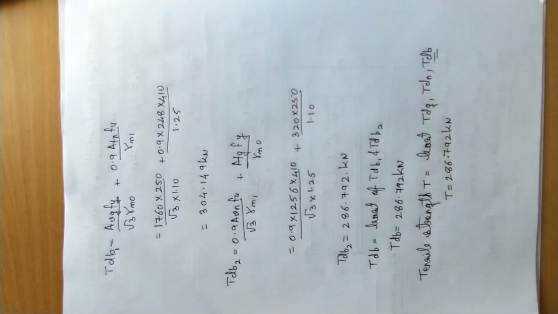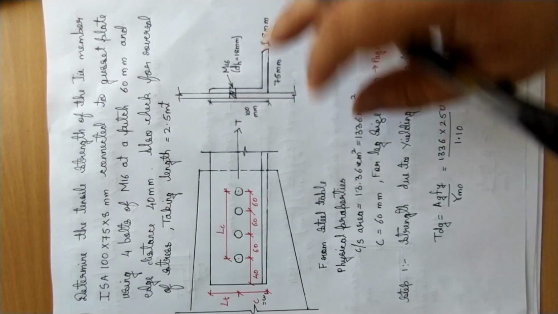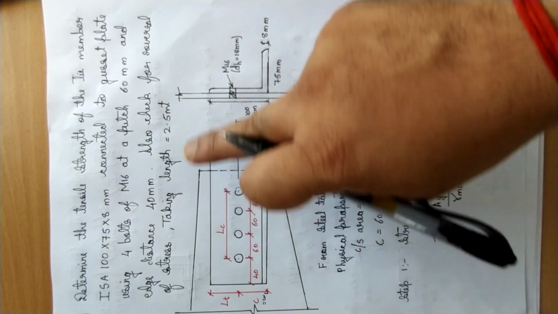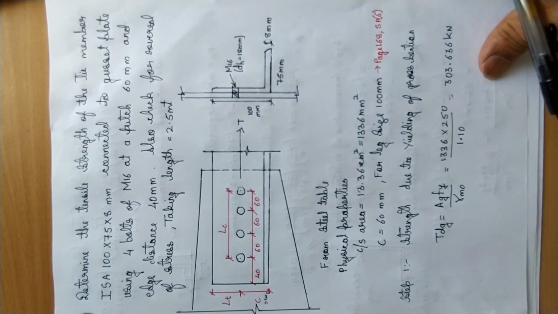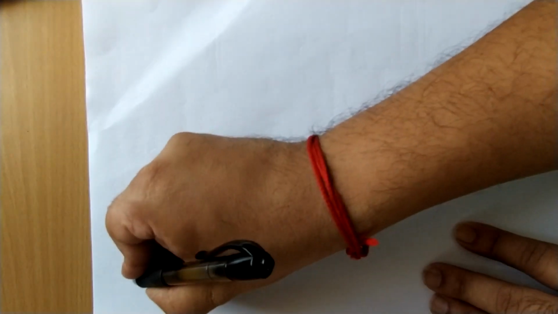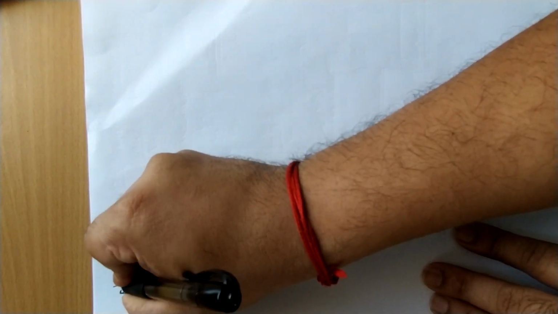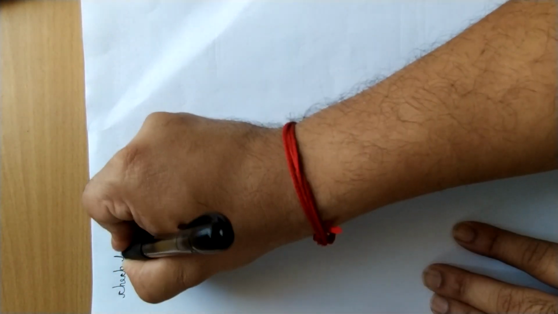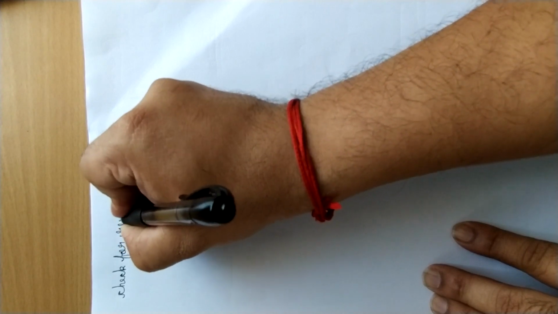Also you can see in the question that they have asked for check for reversal of stresses and they have given the length as 2.5. So let us do it. So check for reversal of stresses.